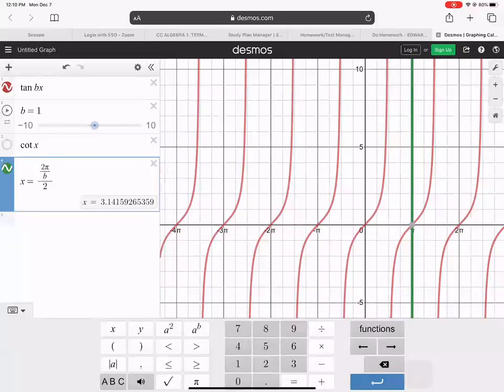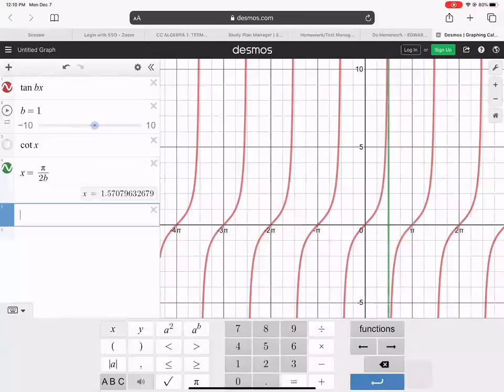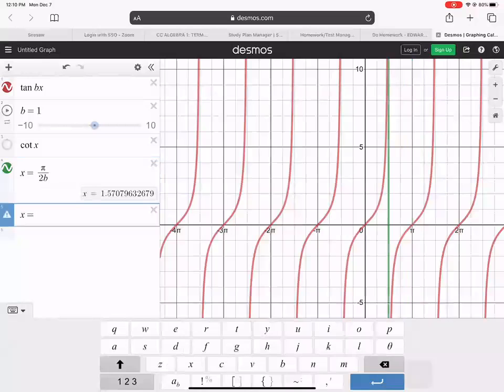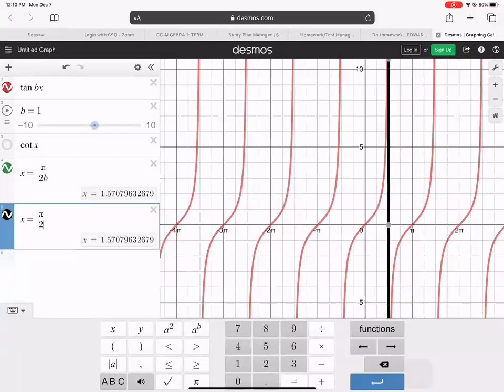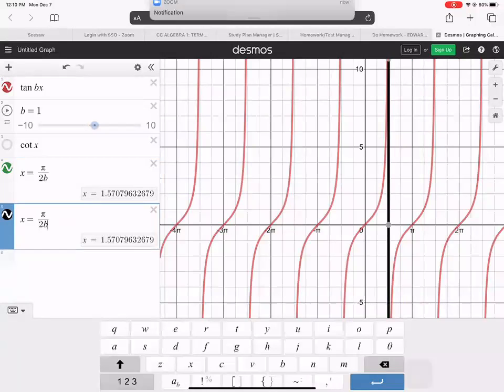Dang it. Sorry, my mistake. Okay, sorry. For some reason I messed up in my brain. Okay, that's a 2. And then next here is going to be x equals to pi divided by 2b. That's where my mistake was.